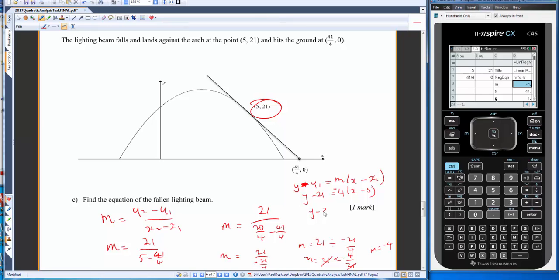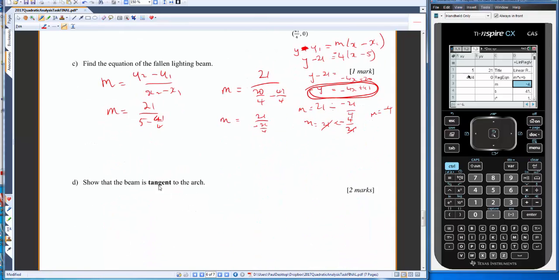Y take away 21 equals negative 4x plus 20. Y equals, we're going to add 21 to both sides, negative 4x plus 41. That's our formula. Alright, so yeah, again, you could have done that by hand. You could have used the calculator to do y2 minus y1 for you. Didn't need to show working out for that. All we were looking for to allocate 1 mark is the answer.